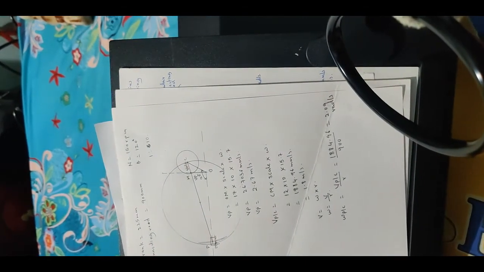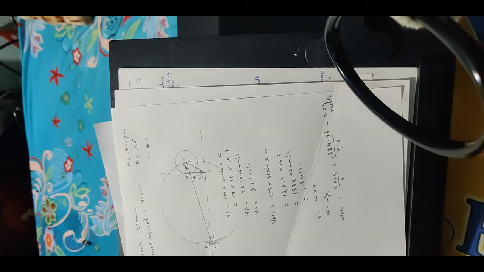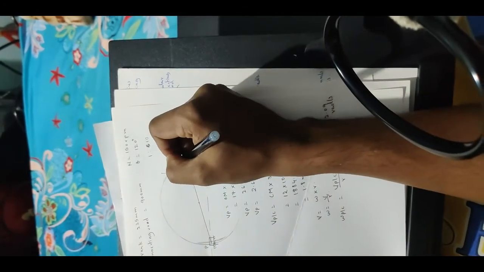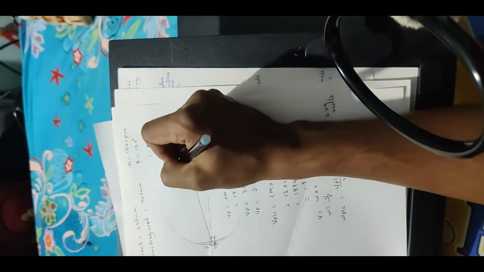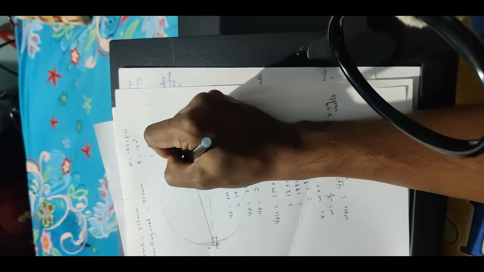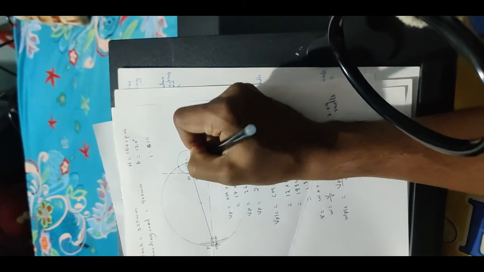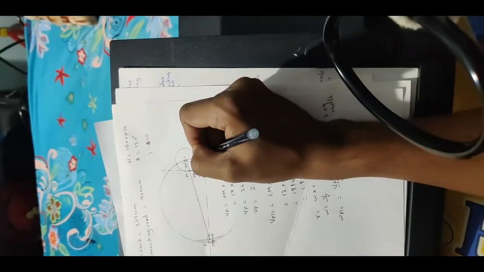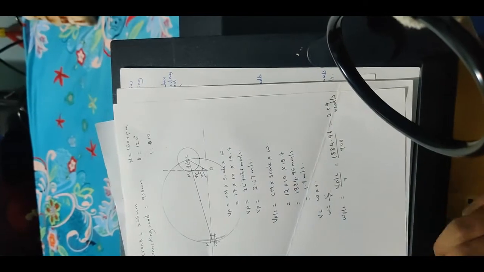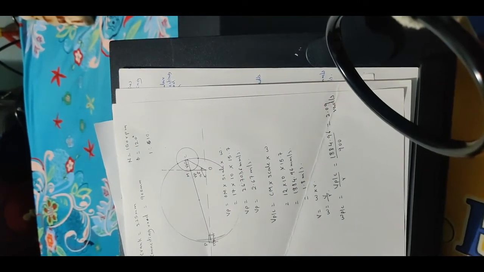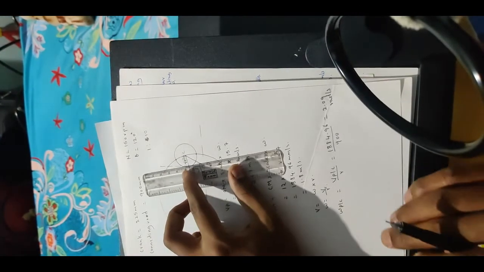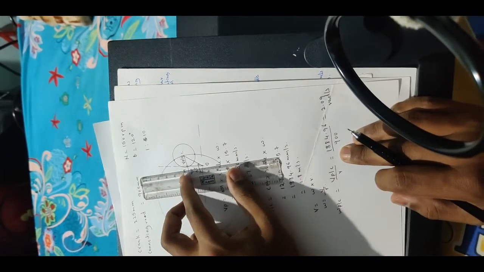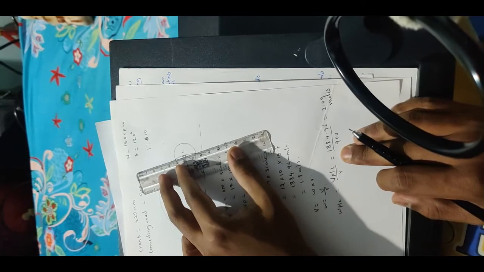Okay, so when you draw this, what happens? This circle cuts the smaller circle at this point as well as at this point. Understand this? It cuts the circle at this point and this point. Then we'll join the line and extend it to the axis.